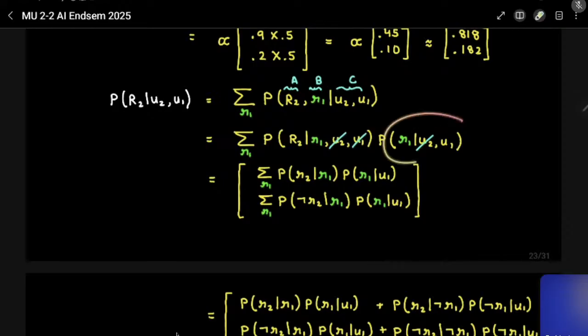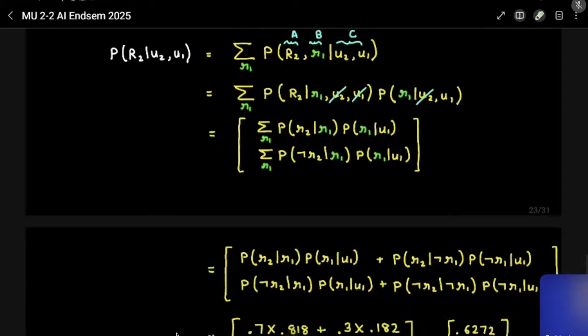And if you look at this probability, the probability of R1 will not depend on the observation at the other day, right? It makes no sense. So you can strike this off too. Wait, did I write this correctly?